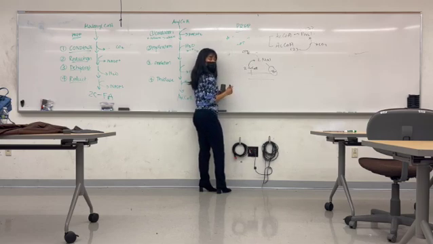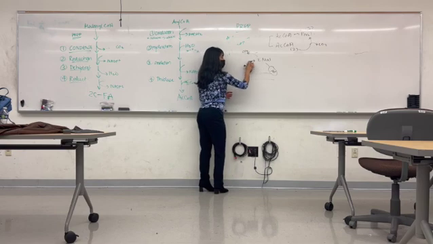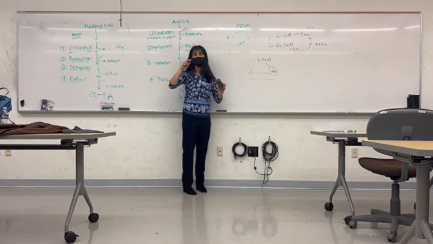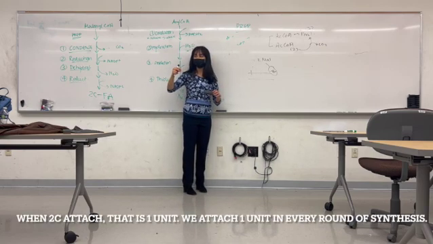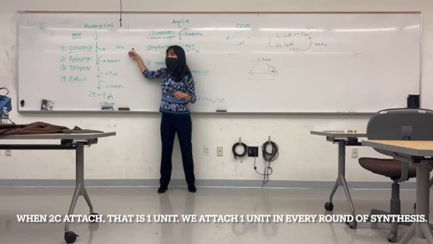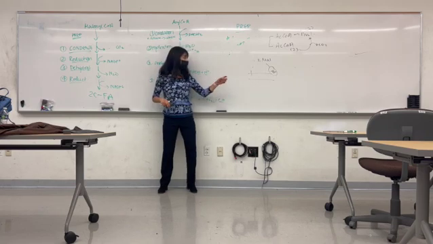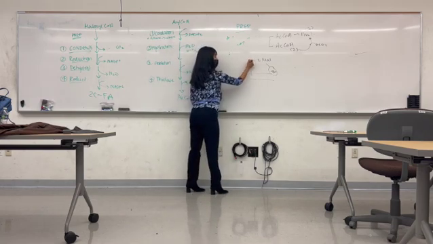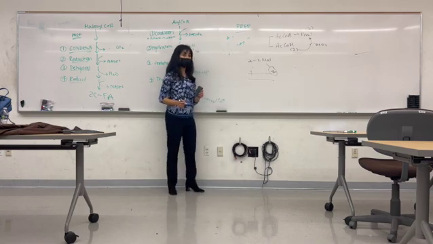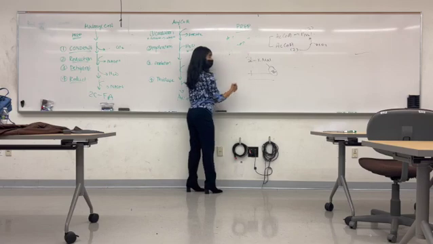When 2 carbon units are attached, that's 1 round of fatty acid synthesis. 1 round of fatty acid synthesis puts 2 carbons on it. And I just added the 2 carbons from acetyl CoA, so this is from 1 round.